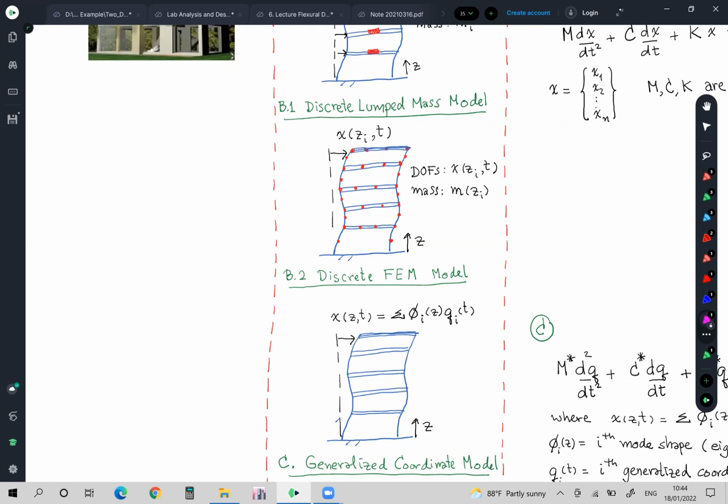The third one is B number 2. We call it the discrete finite element model. With this finite element model, I believe maybe all of you are already familiar with the concept of the finite element. They try to represent the structures by a large number of small elements connected together, right?